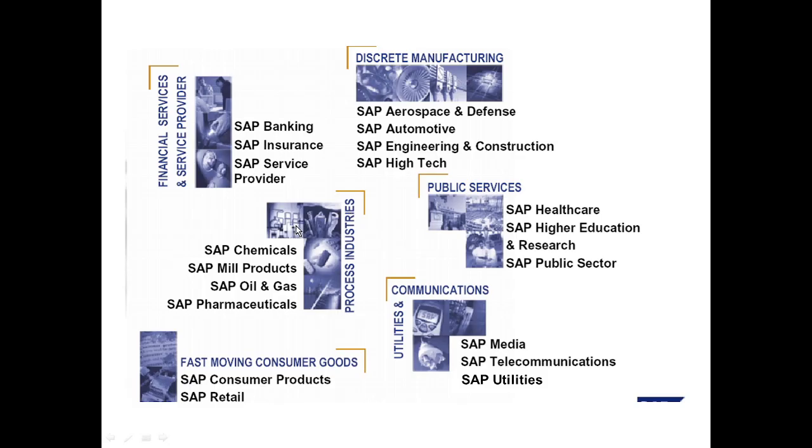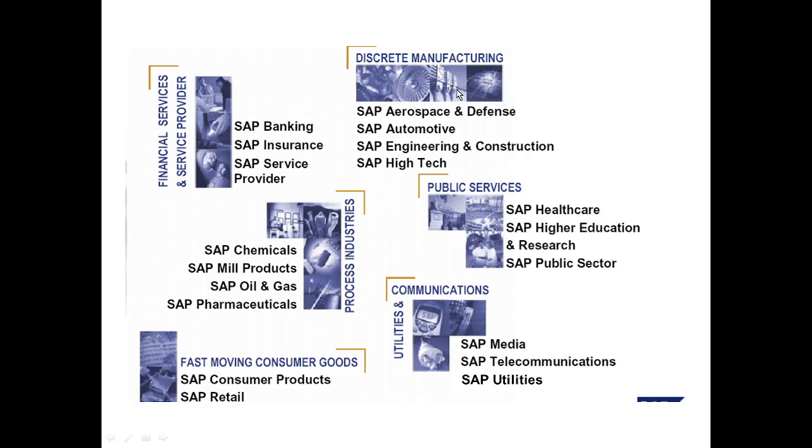If you go to process industries: IS Chemicals, IS Mill Products, IS Oil and Gas, IS Pharma. These are all process-based industries. Fast-moving consumer goods, FMCG: IS Retail, IS Consumer Products. Here the retail sector is also captured, product-based industries and the services sector.